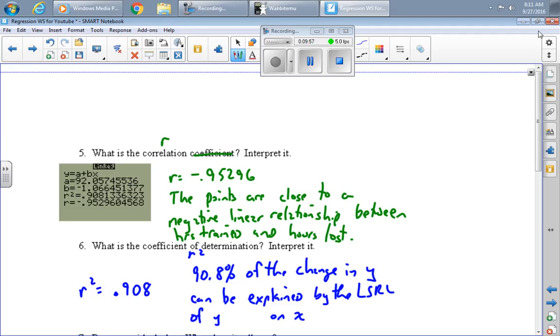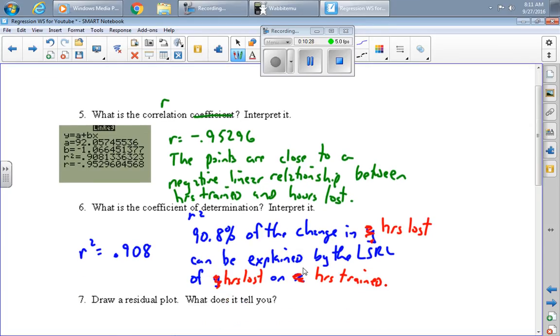So now I'm going to go back and get rid of that y and write hours lost, hours trained. So 90.8% of the variation in hours lost can be explained by the least squared regression line of hours lost on hours trained. That's what R squared is telling me. It's a percentage. R is not a percentage. R squared is.